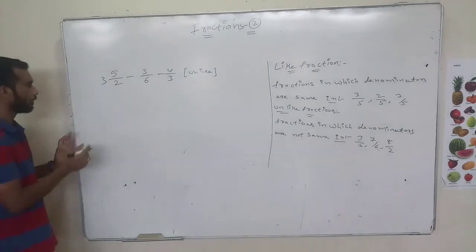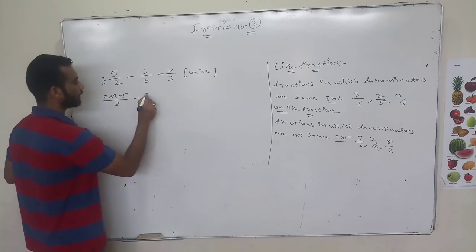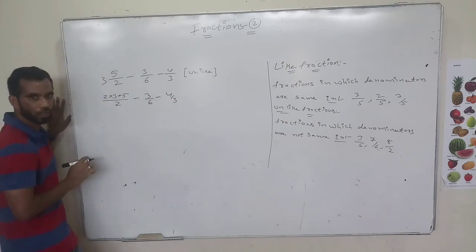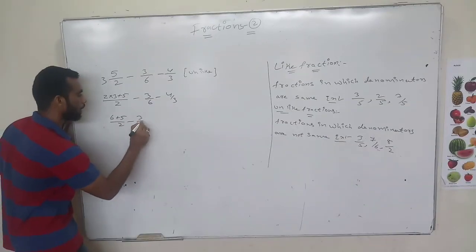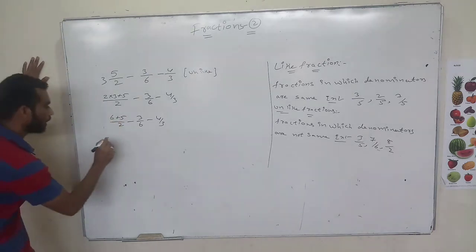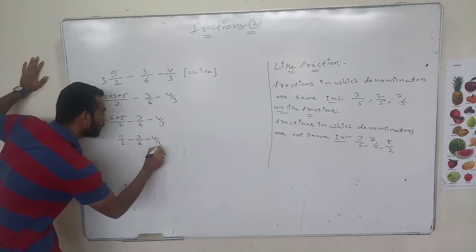Now what we have to do? 2 3s are 2 into 3 plus 5 by 2 minus 3 by 6 minus 4 by 3. 2 3s are 6. 6 plus 5, 11 by 2 minus 3 by 6 minus 4 by 3.